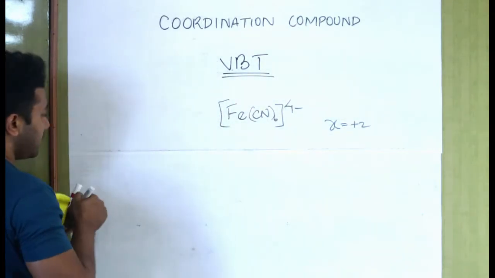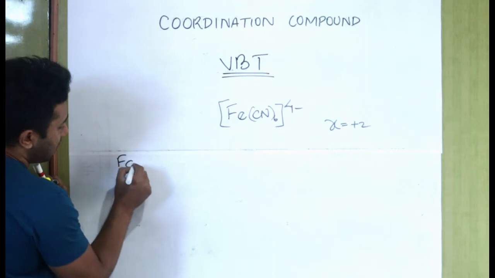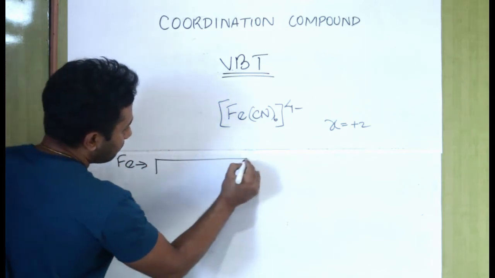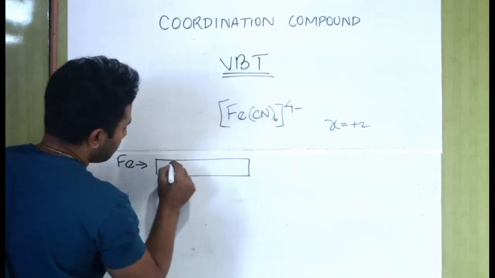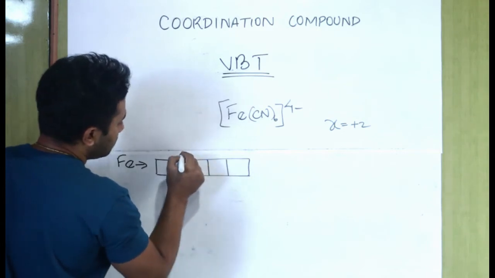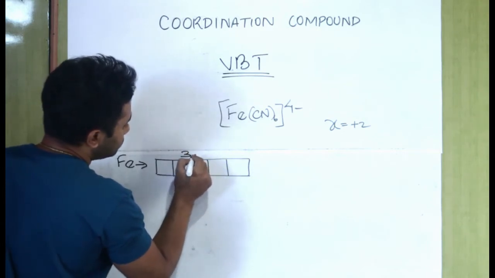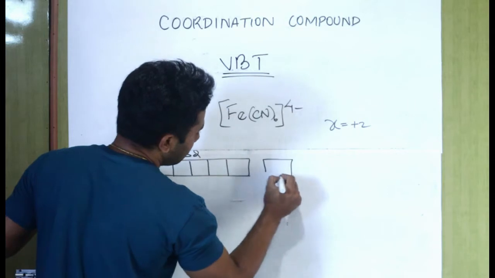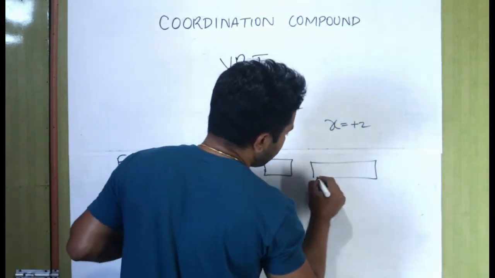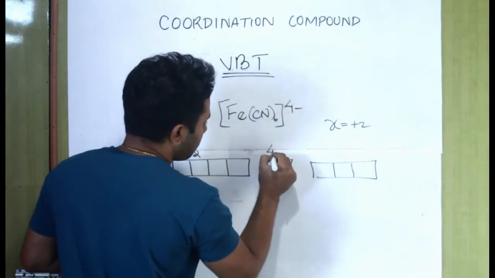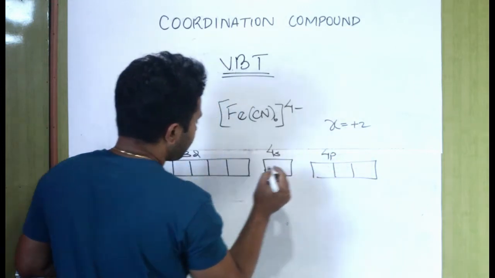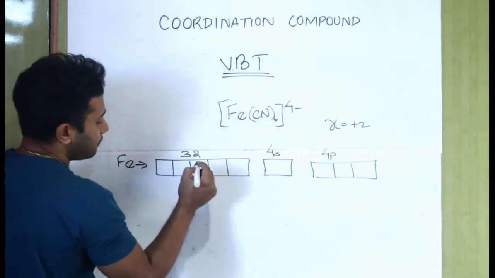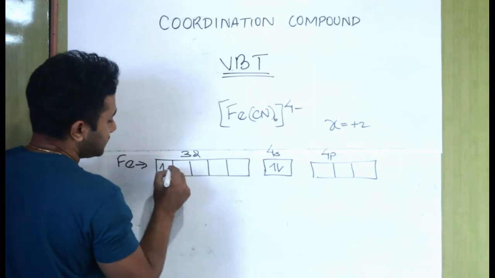So now I will write in this manner: Fe. This is our 3d, 4s, 4p. So we have 4s2, 3d6.